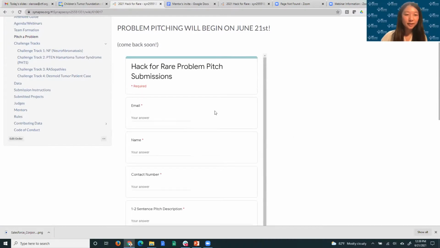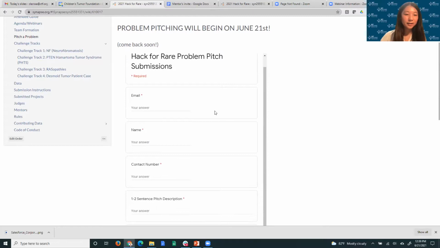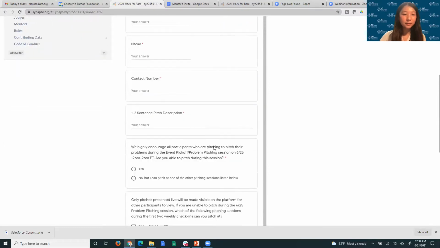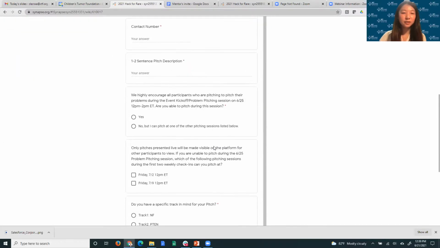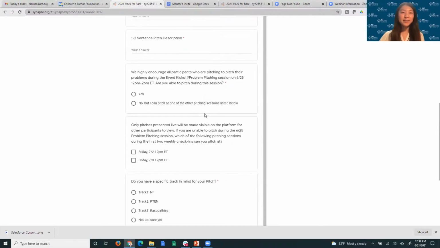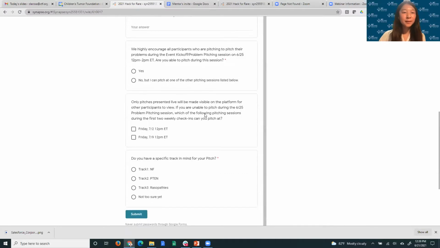Essentially, we just want some contact information, so email, your name, and contact number, and then a 1 to 2 sentence pitch description, just a quick summary of what your problem pitch is going to be. Remember that this should be a problem and should not touch the solution at all. And then just another couple of questions about when you will be giving your problem pitch, and also if you have a specific track in mind for your pitch, which you don't necessarily need to have.